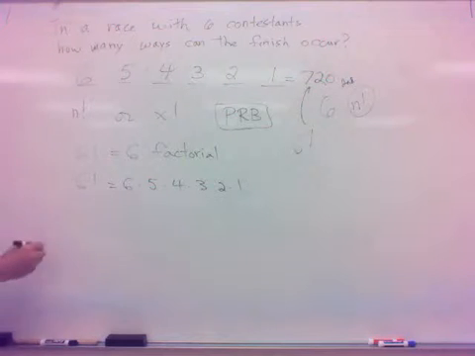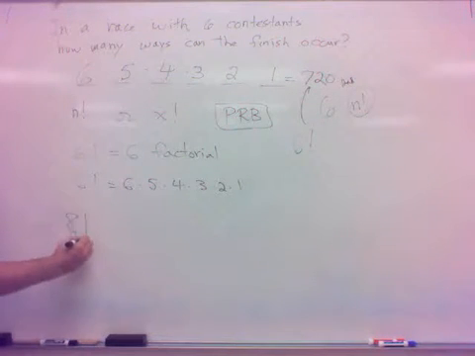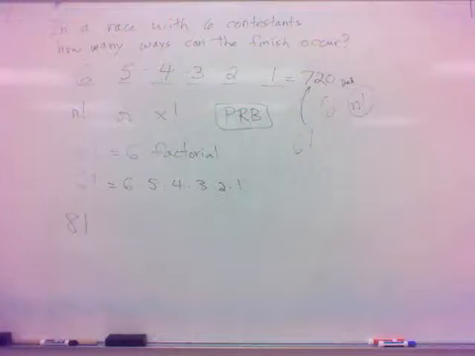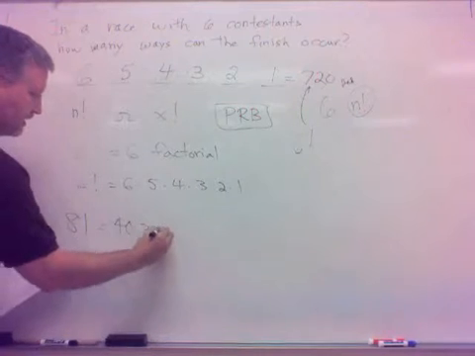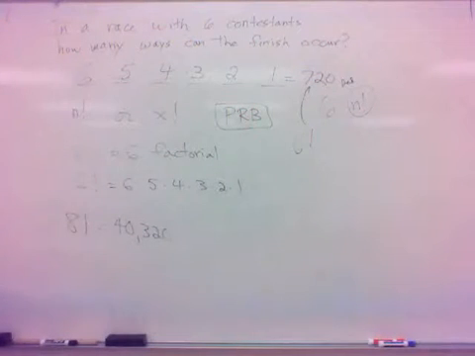All right? So what do you get if you do 8 factorial? Is it 40,000 something? 40,320. Okay. Now what you've done there is you've calculated what product?